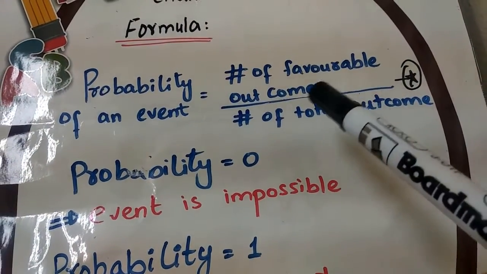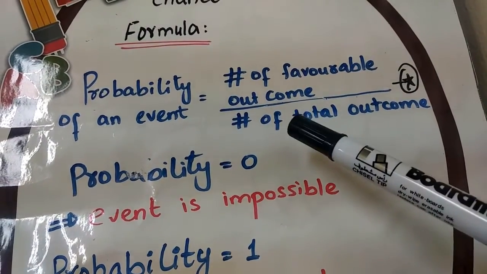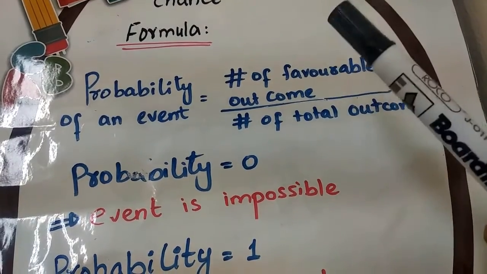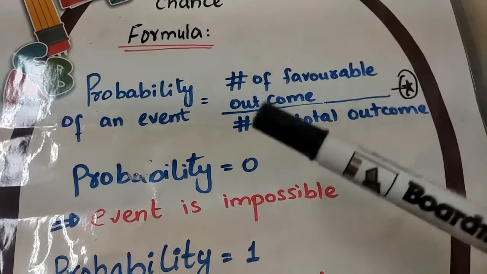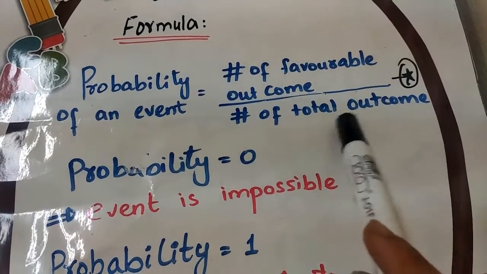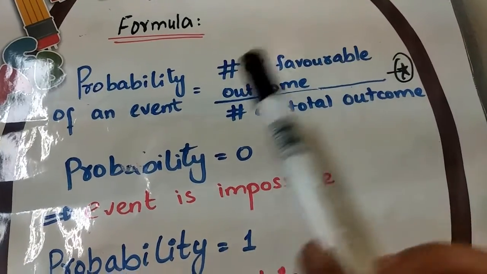In the case of a coin, let's recall by taking the same example. Total outcomes: how many outcomes can we get by tossing a coin? Either head or tail. So we have 2 outcomes, of which one is our favorable outcome.